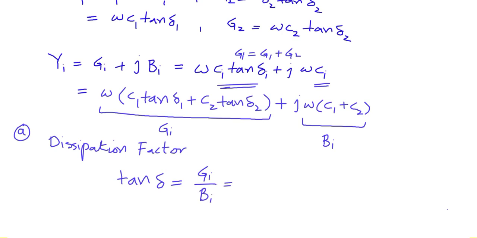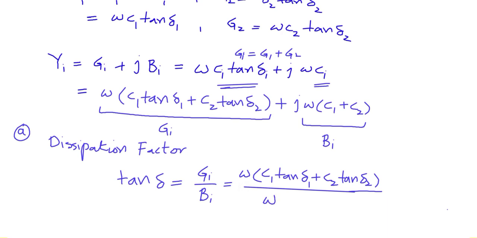So we will put the values of G_i and B_i: omega C1 tangent delta 1 plus C2 tangent delta 2, divided by omega C1 plus C2. Omega will cancel with omega.